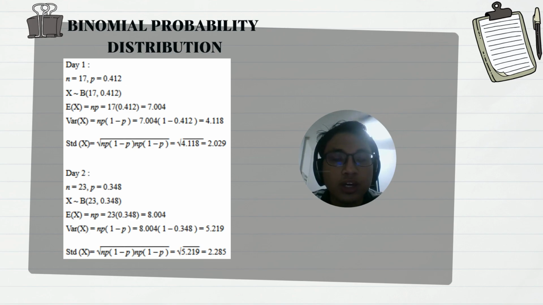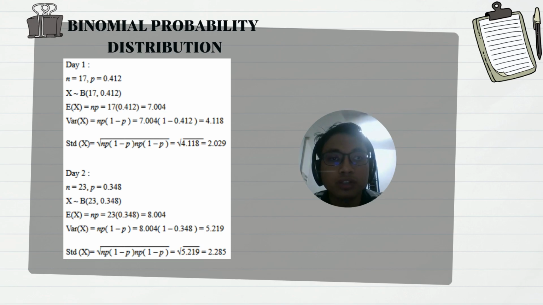Alright, over here we get the calculation for day one and day two. For day one, we got the frequency of 17 and probability is 0.412. So first we find the mean. To find the mean, we just multiply the frequency and the probability, which is 17 times 0.412, and we get the mean is 7.004.